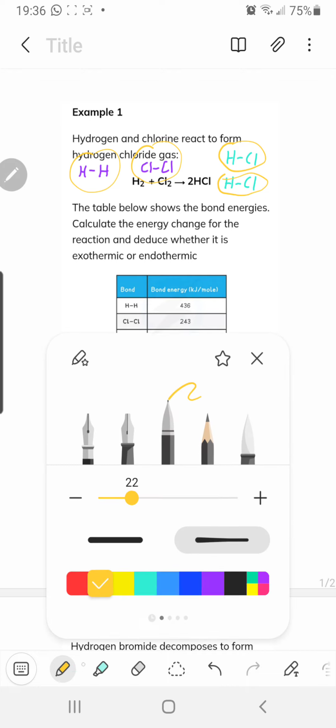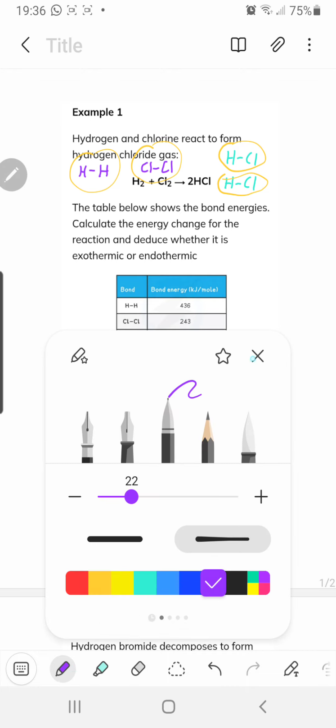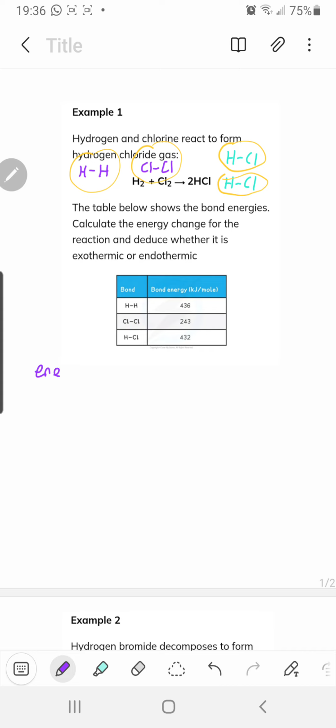Okay, so look at the system. What are we breaking? So energy in equals, so we have one hydrogen molecule, and then we have one chlorine molecule basically. Okay, so you add them up, you shall get 679.